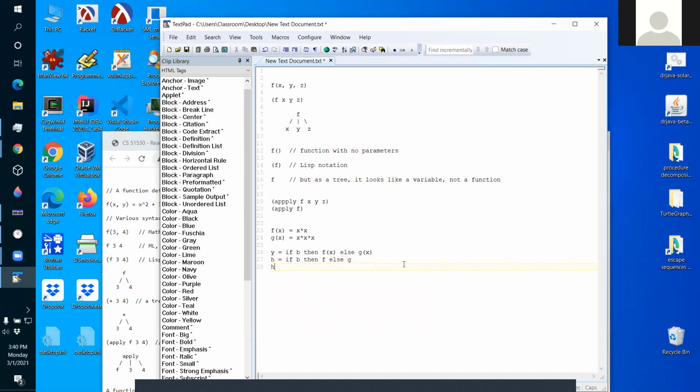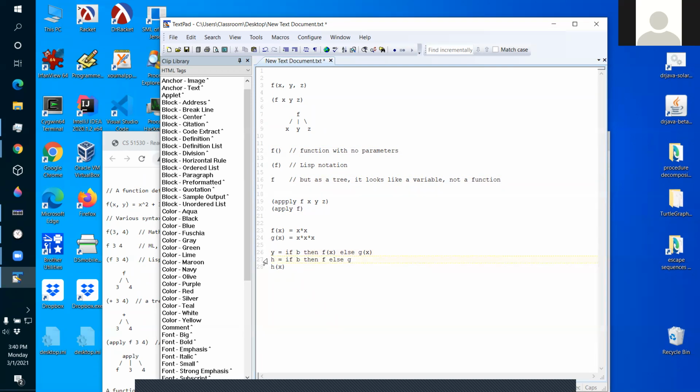So then if I say h of 4, I'm calling either f or g, depending on what the Boolean is. Or if I call h of x. So here, you can do this in any language: if Boolean, then call f, else call g. So y is the result of calling either f or g.